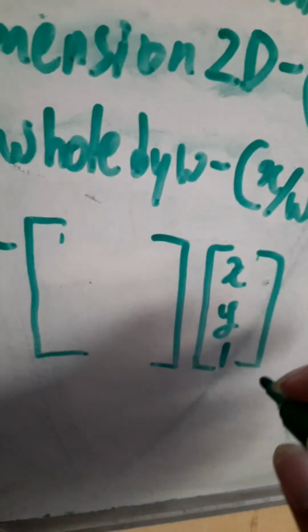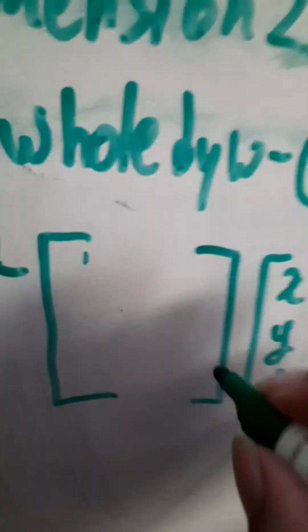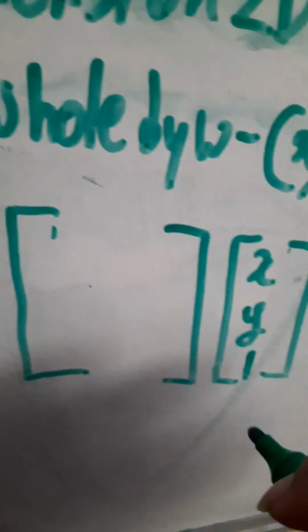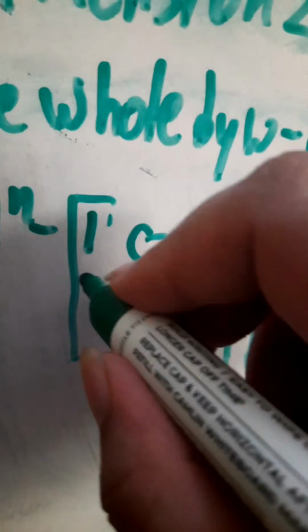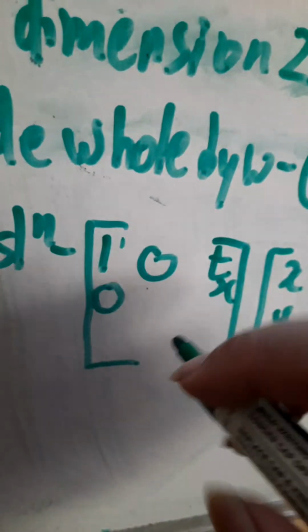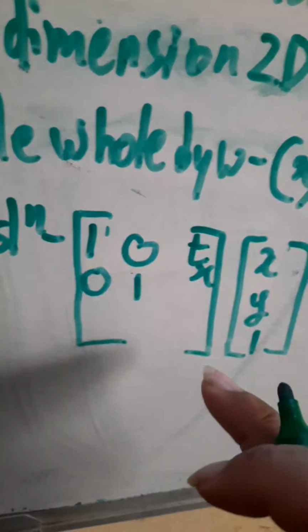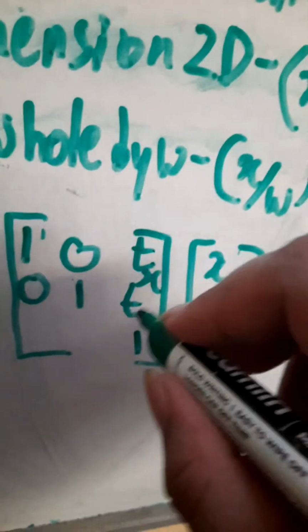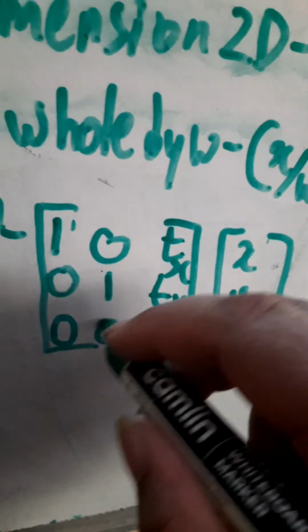Okay, x, y, 1, then I have 1 0 tx. This matrix would be an identity matrix, all diagonal elements would be one, but instead of 0 here, these two parts would be ty and tx, which are the translation factors.